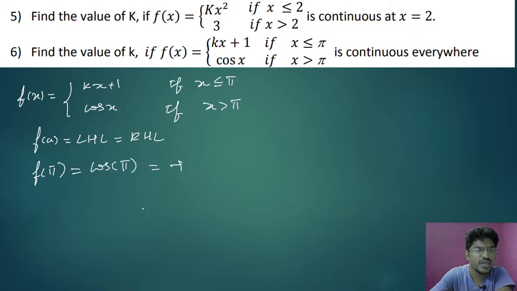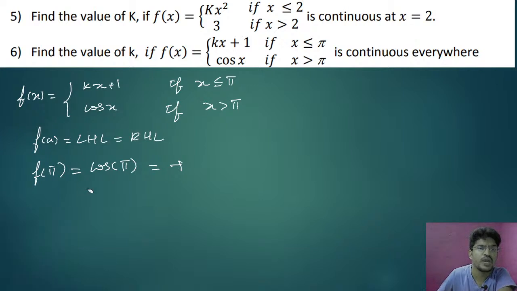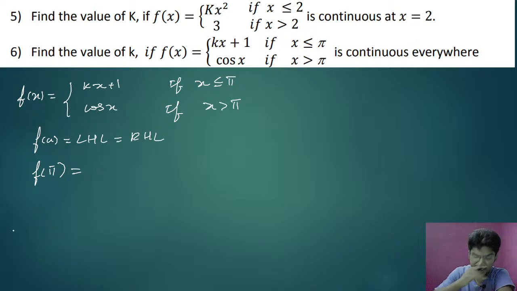For f of a, whenever x is equal to pi, what is your function? See it correctly. Whenever x is equal to pi, here you have the equal sign, so therefore this is kx plus 1. That is, the x value is pi: k pi plus 1.